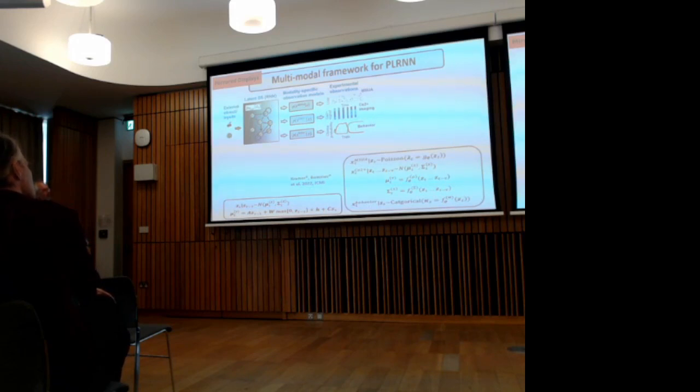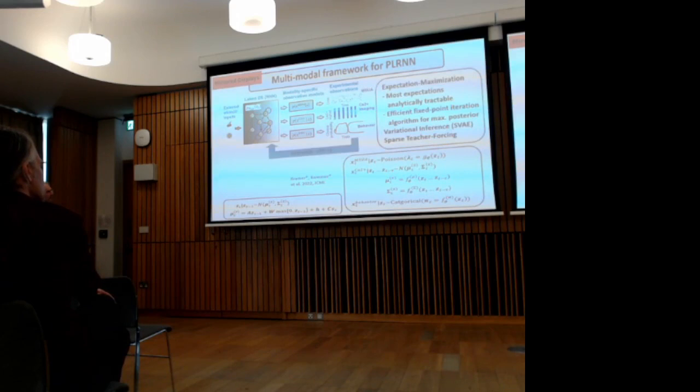By multimodal, what I mean is we try to train these systems from different observation modalities simultaneously. We have developed several algorithms for that. In fact, expectation maximization in our hands works very efficiently, because for the piecewise linear structure you can exploit that. For that, we have quite efficient fixed point iteration algorithms for maximizing the posterior.